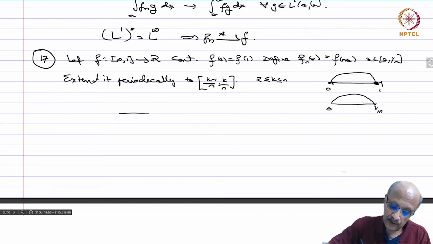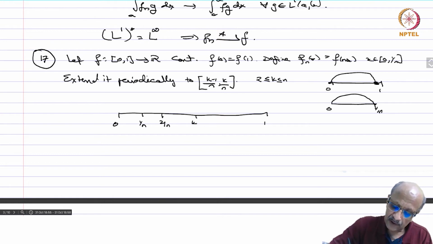So what are we doing here? We are taking [0,1] and dividing it into n equal parts. So this is 1/n, this is 2/n, this is (k-1)/n, this is k/n, and so on. This is (n-1)/n, and then 1 is n/n, of course.